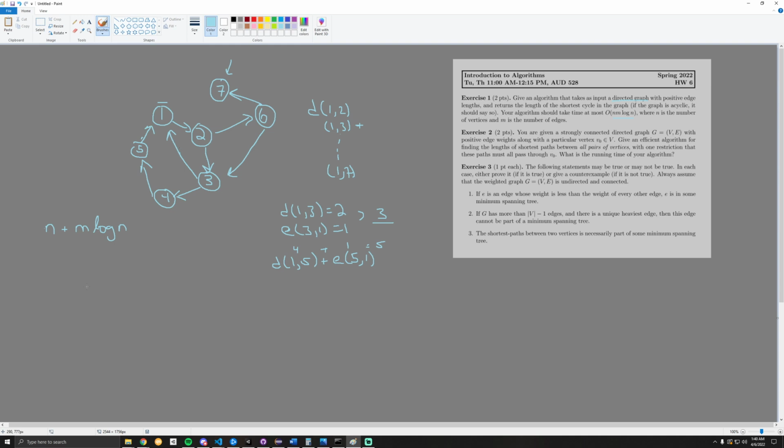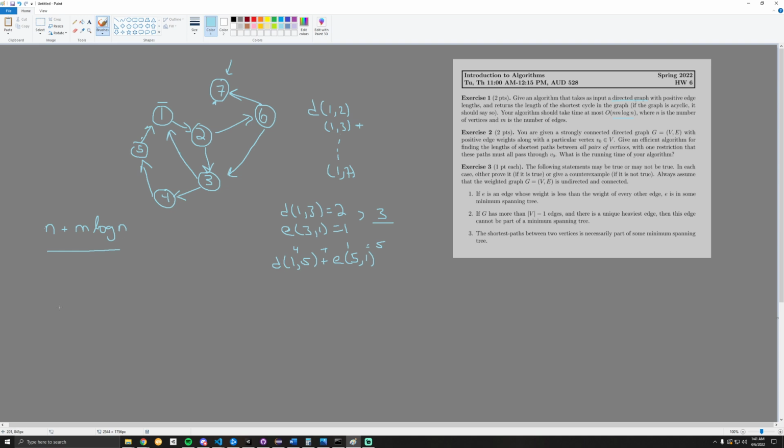So that means we need to repeat this process for each of the vertices in our graph. We need to run Dijkstra's and then do this simple extra check at the end where we go through the adjacency list and add any of the distances to the edge lengths if they happen to reconnect back into our starting node.